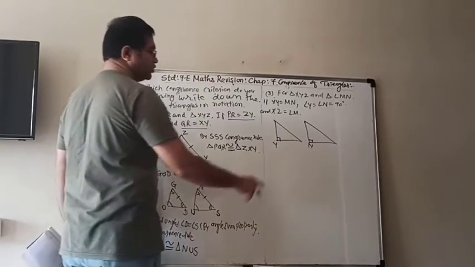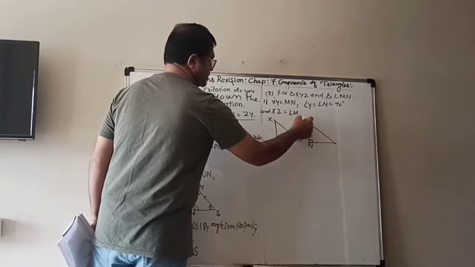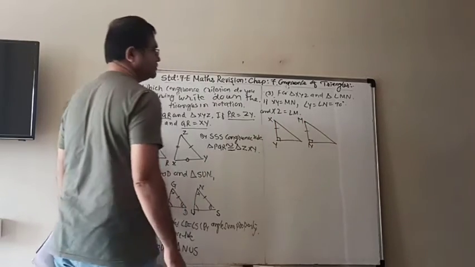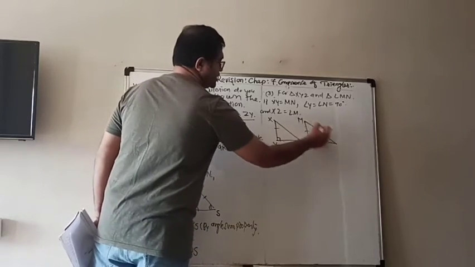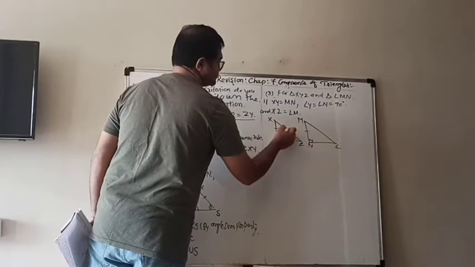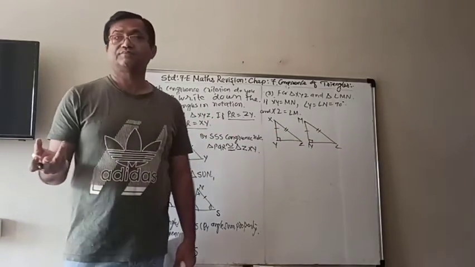Then XY is equal to MN. Y is here, N is here. So XY and MN are here. And XZ is equal to LM. So here it is very clear.